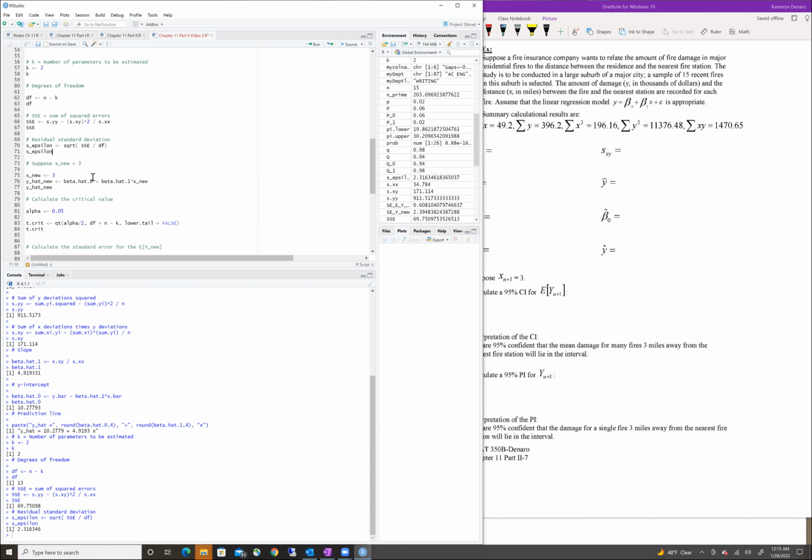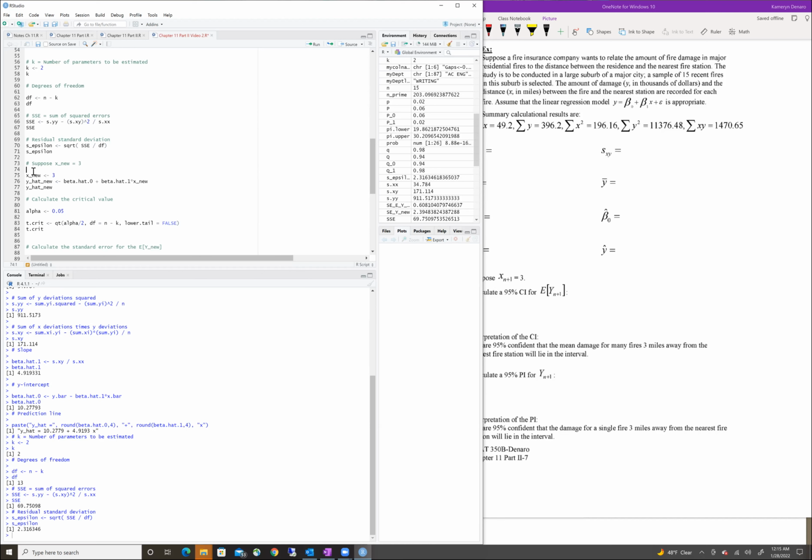This next problem asks us to think about a house that is 3 miles away. We can do this in two different ways. One is to calculate a confidence interval for the average damage of fires for houses that are 3 miles away, or we can calculate a prediction interval that says what you predict for a single house, what that fire damage will be.